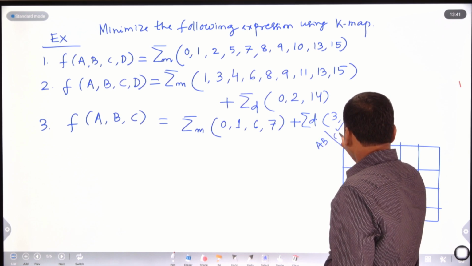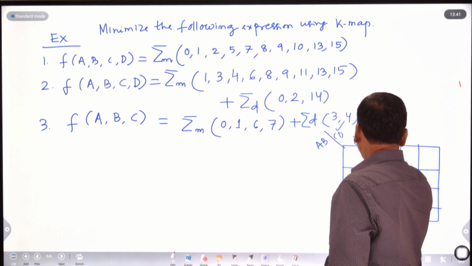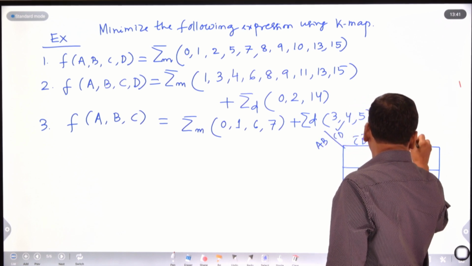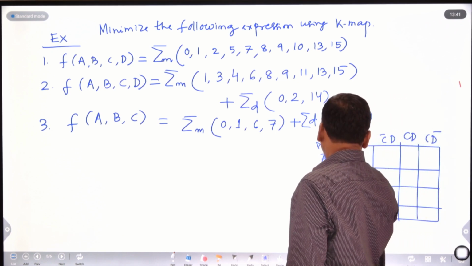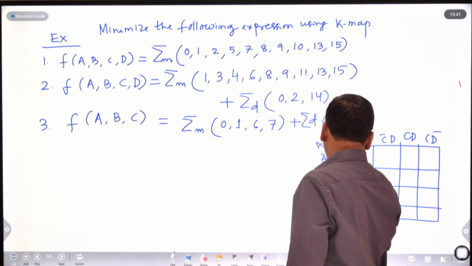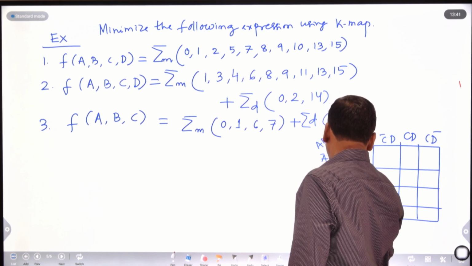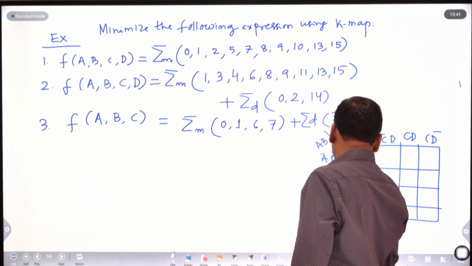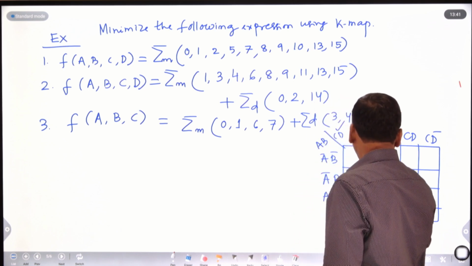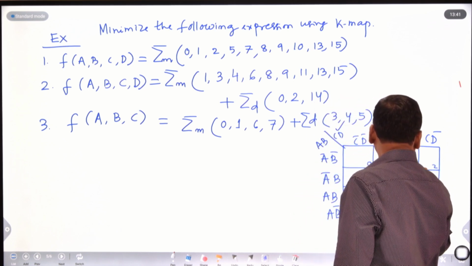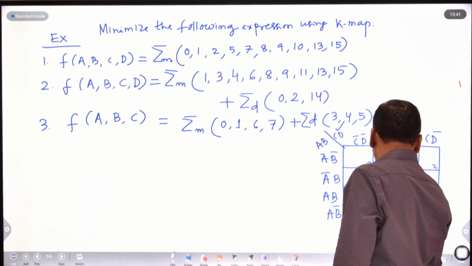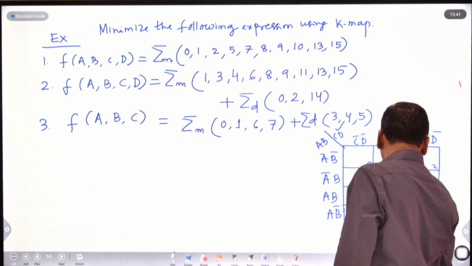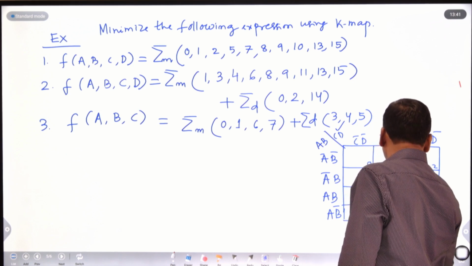A B C D. So C bar D bar, C bar D, C D, C D bar, A bar B bar, A bar B, A B, A B bar. Then you can write 0, 1, 2, 3, 4, 5, 6, 7, 8, 9, 10, 11, 12, 13, 14, 15.